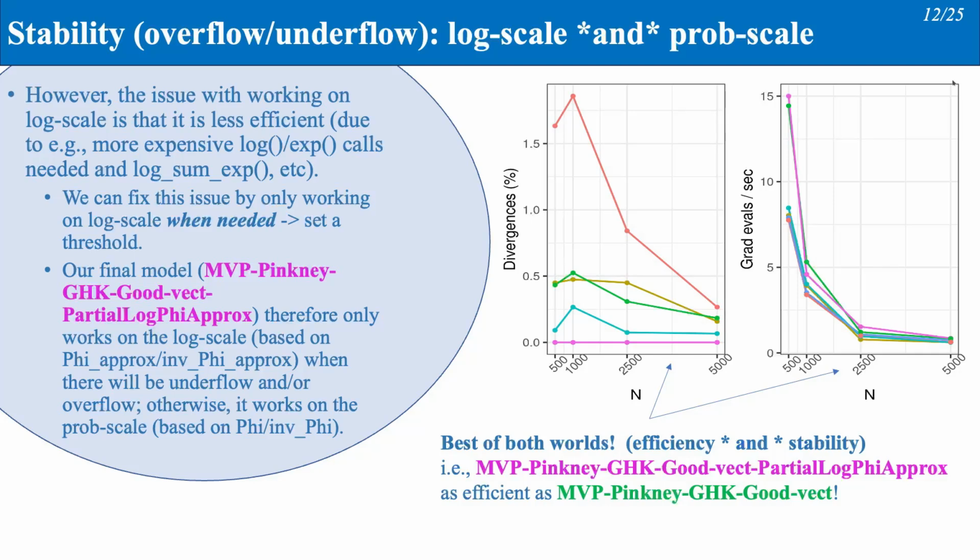If the absolute value is greater than 5, it works on log scale, otherwise it works on probability scale. The majority of the time, it won't be that extreme in the tails, so there won't be that much computation overall. You get the best of both worlds. So no divergences and really good efficiency, or at least it matches pretty much the probability scale efficiency.